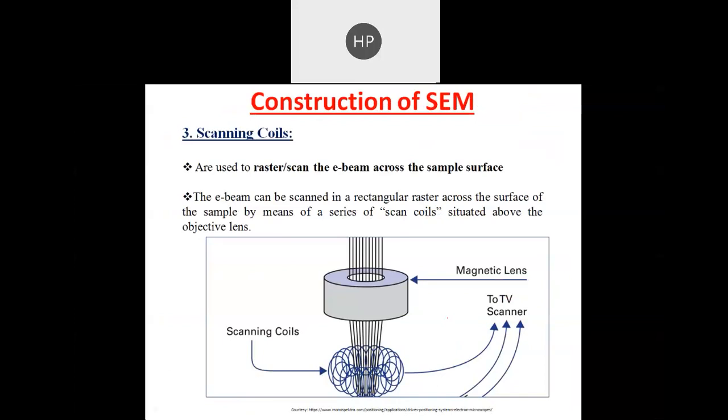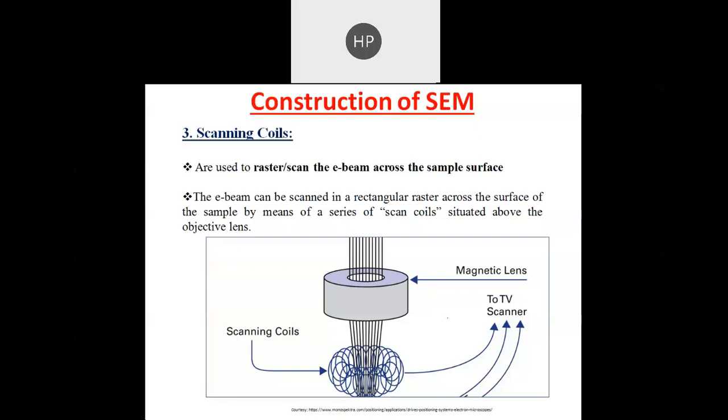Scanning coils are used to raster or scan the e-beam across the sample surface, and the e-beam can be scanned in a rectangular raster across the surface of the sample by means of a series of scan coils situated above the objective lens.